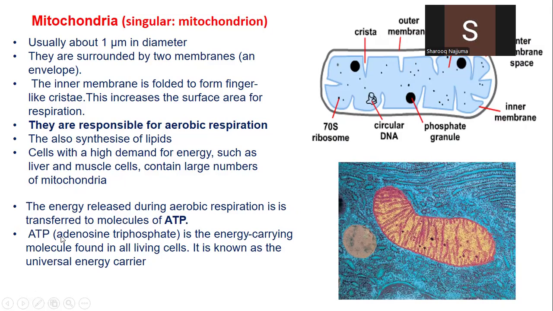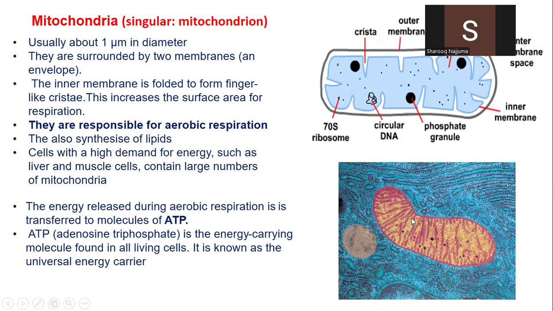But even if you just write ATP, yes, ATP is an energy carrying molecule. So once ATP has been made by the mitochondrion, ATP leaves the mitochondrion and goes to other parts of the cell where it can release that energy to be used for different chemical reactions.